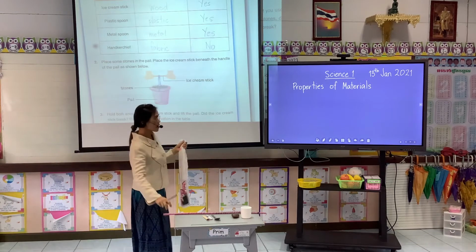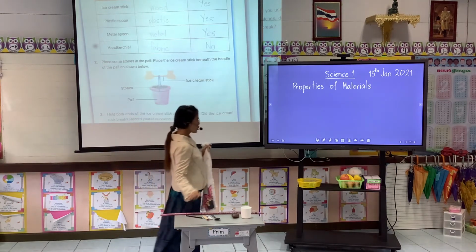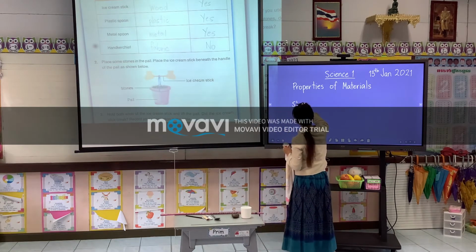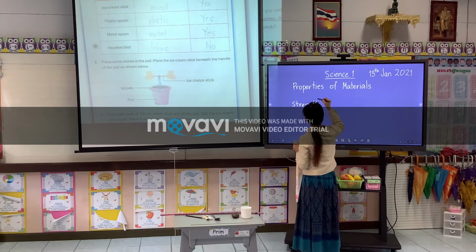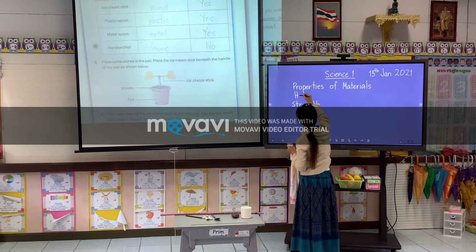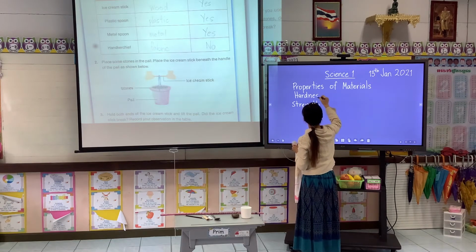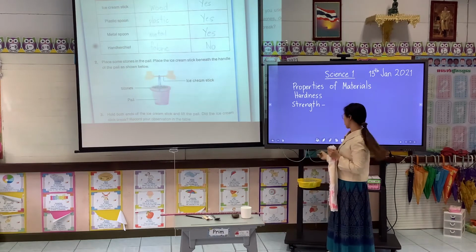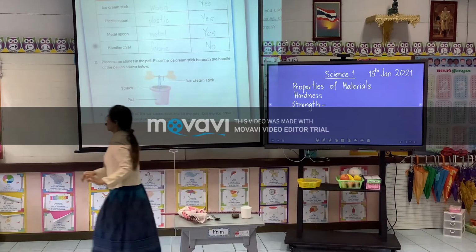Okay, so that is the second property of material, the strength. Strength. It can support heavy. The first one that we did last week was the hardness. Soft and hard. So now strength. Alright? Okay. The next one.